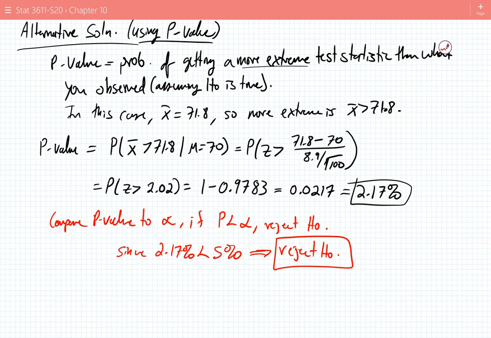And remember, because these are continuous random variables, the probability that z is greater than 2.02 is the same as z being greater than or equal to. So more extreme is like this value and higher in some sense. It would not change the probability. And it's so unlikely to get anything in this realm that we would reject the null hypothesis, okay?